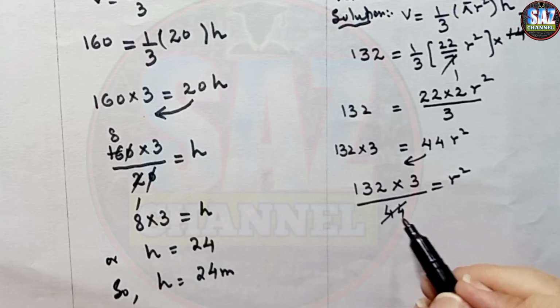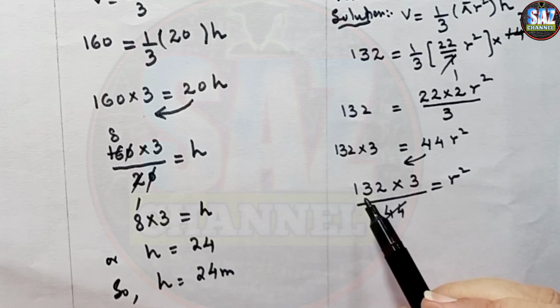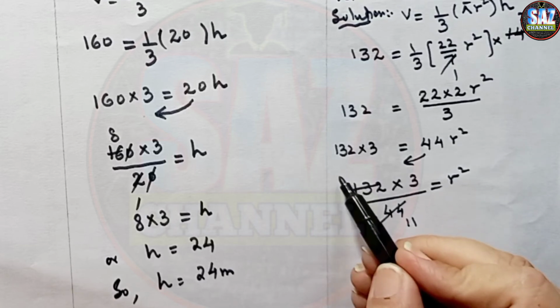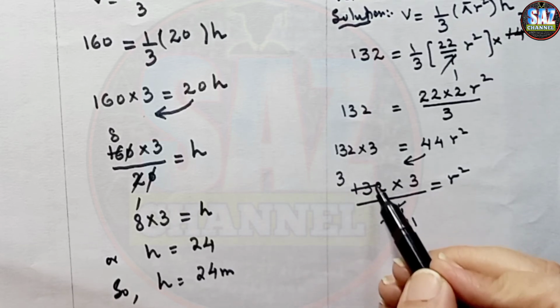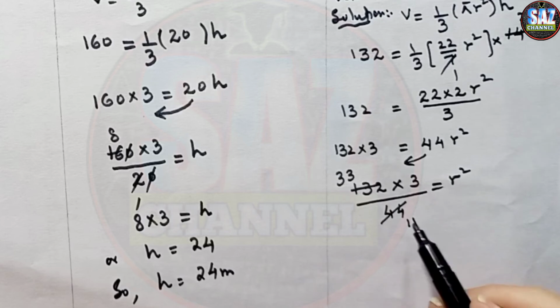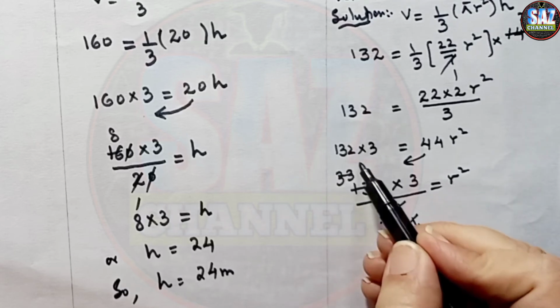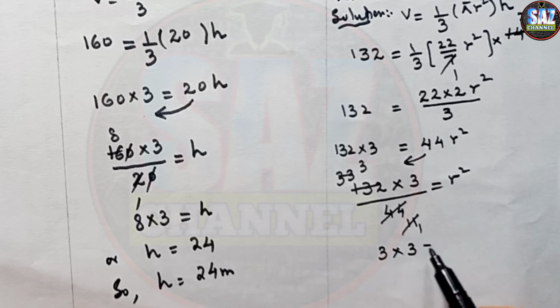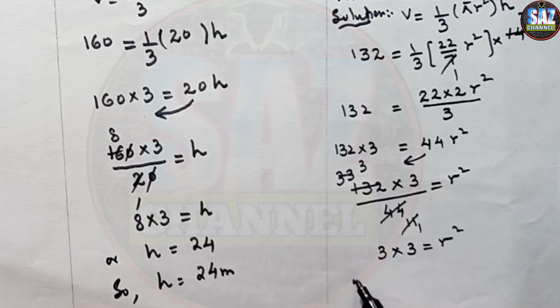Table of 2 is suitable, table of 4 is suitable. 4 3s are 12, 4 11s are 44, and 11 3s are 33, and I'm left with 3 multiplied by 3 equals r², or r² equals 9.